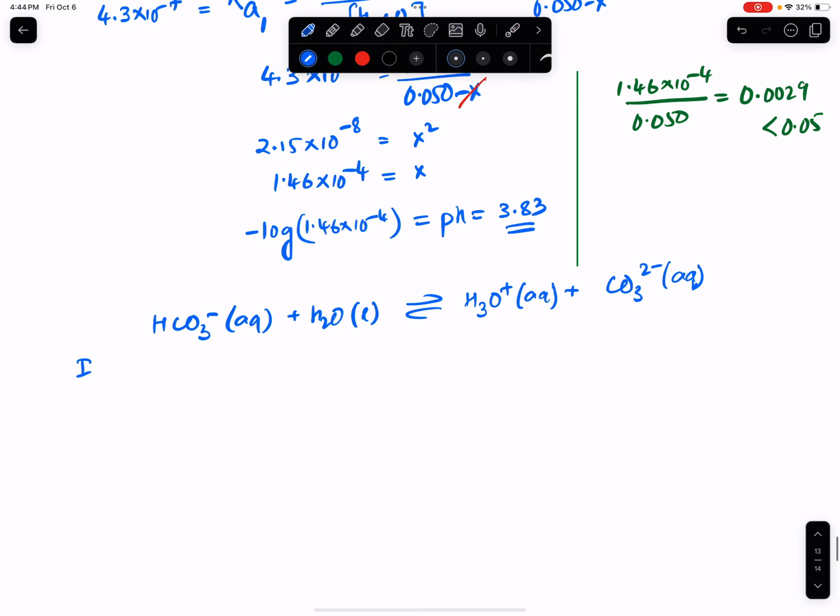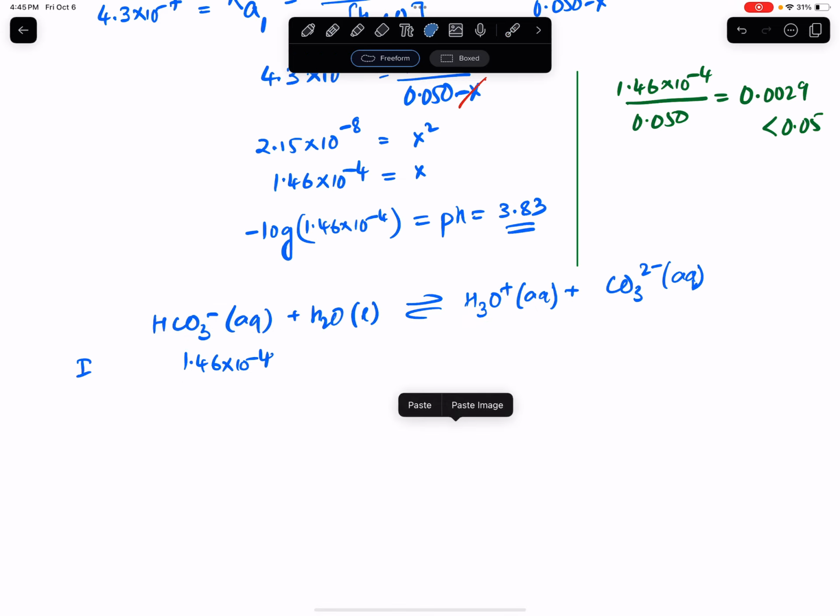So initially we have 1.46 times 10 to the negative 4. And what do we have for H3O plus? The same amount, so I'm going to copy that over. And what do we have for CO3 2 minus? Nothing.